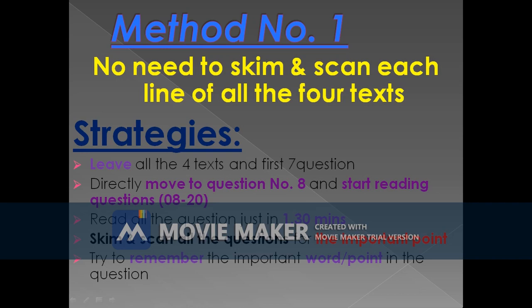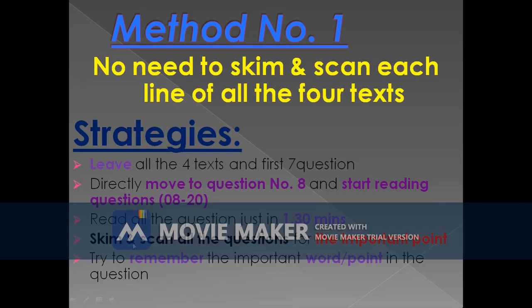There is no need to skim and scan the text. You have to skim and scan all the questions for the important word or point being asked. Once you have done that, you will have a much better idea of what type of information you have to search for in the text.